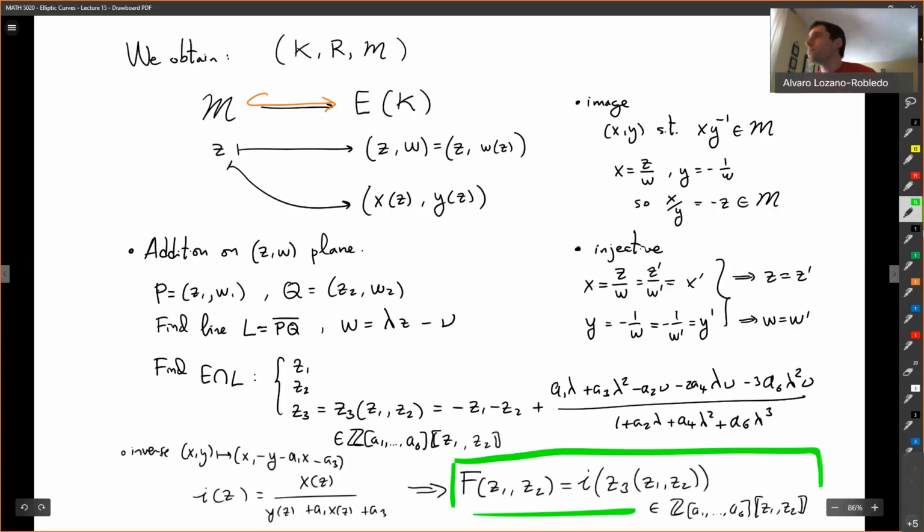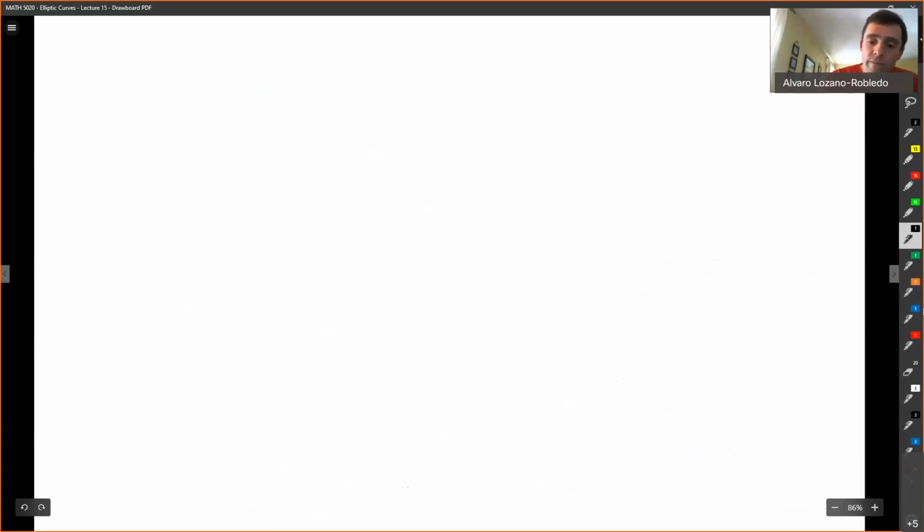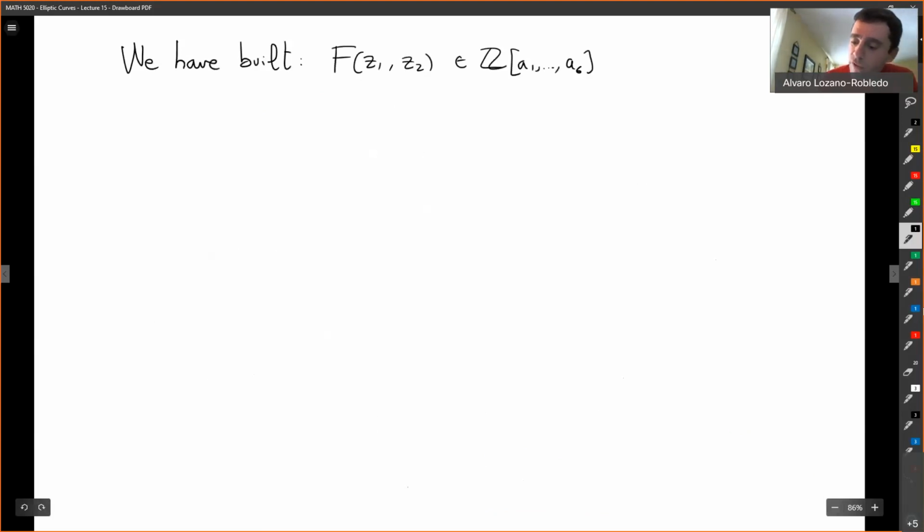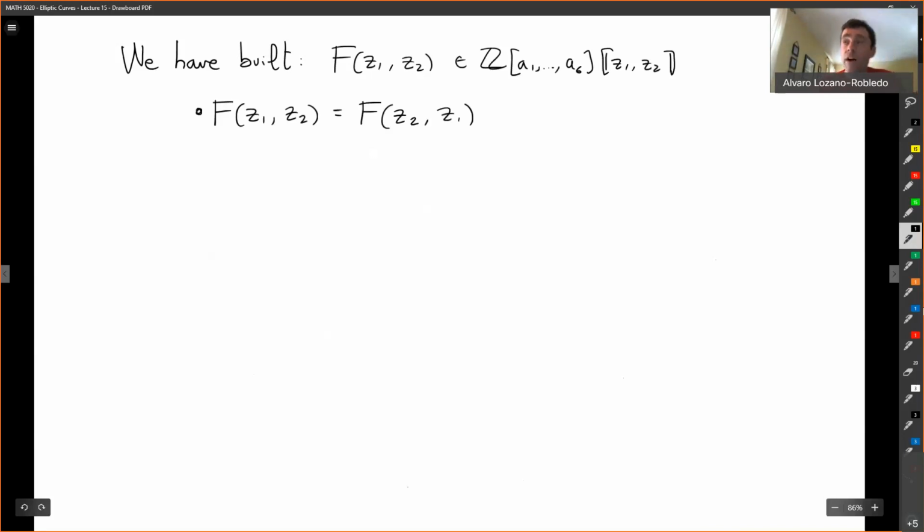So what we've built is a two variable power series with these coefficients that has the following properties. f of z1, z2: the addition on the elliptic curve is commutative, so it should be the same as f of z2, z1.